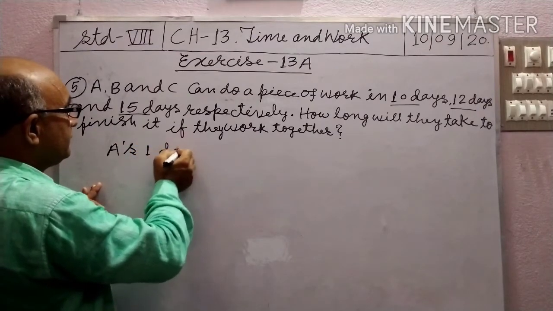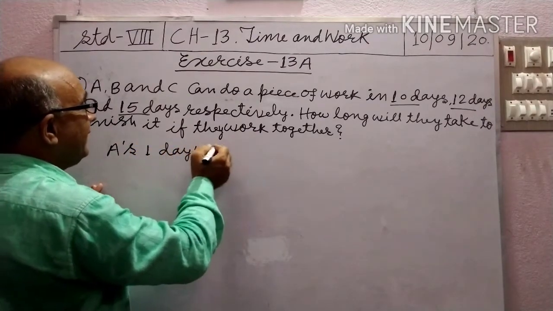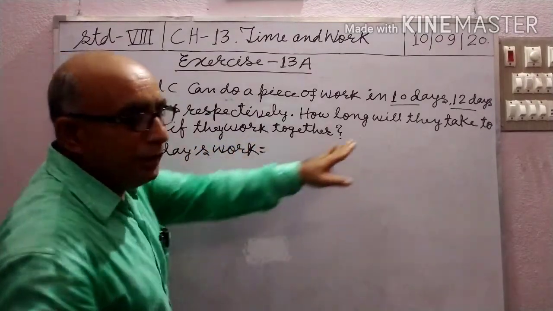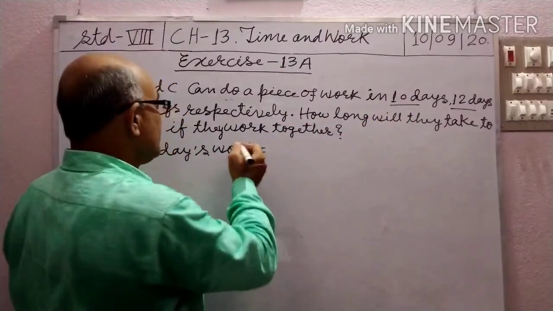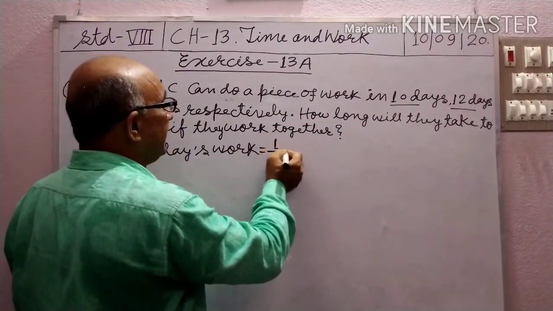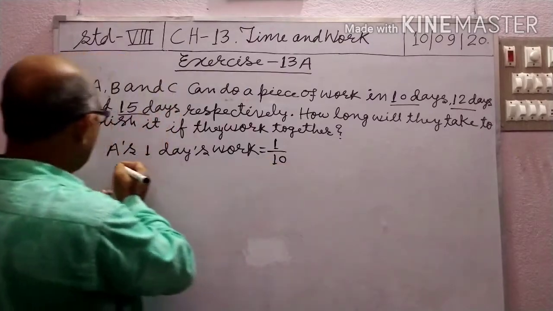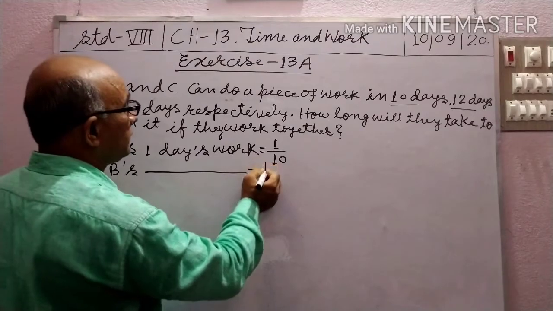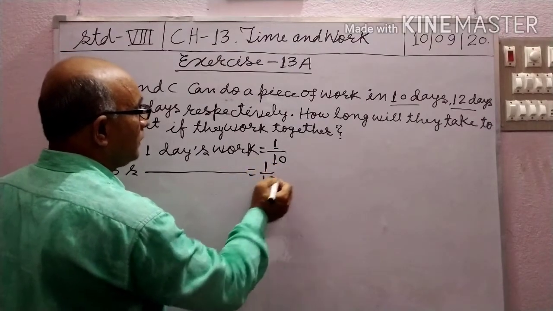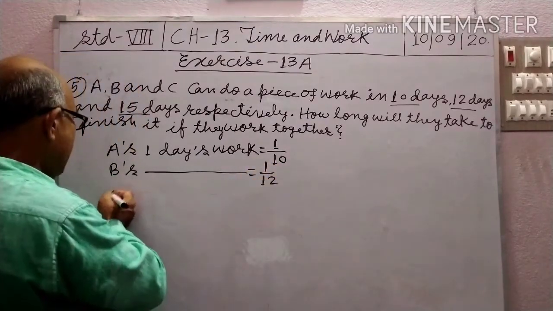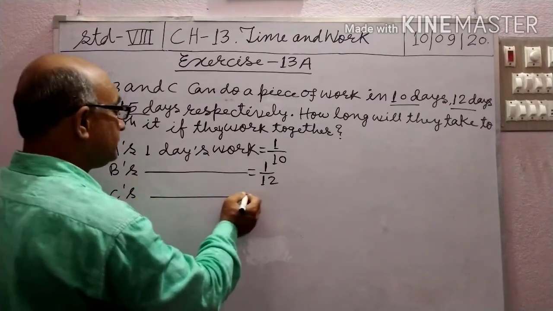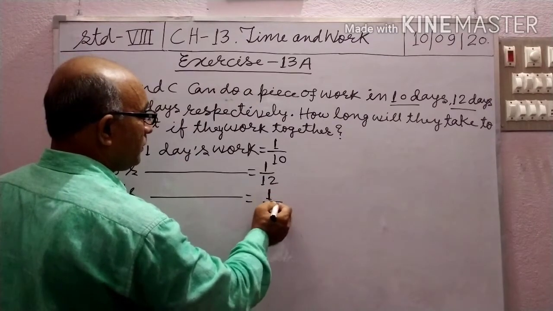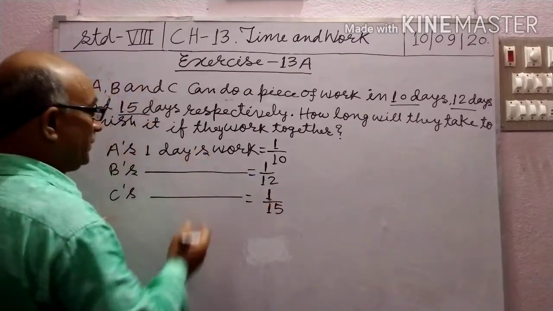A's 1 day's work: A can do a piece of work in 10 days, so A's 1 day's work is 1 by 10. B's 1 day's work is 1 by 12 and C's 1 day's work is 1 by 15.